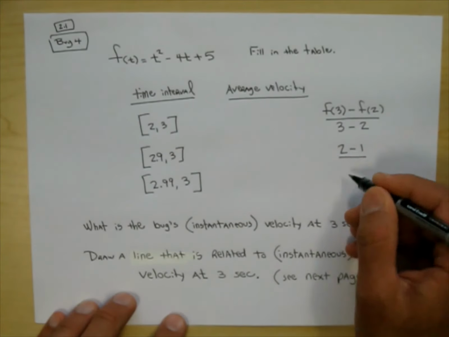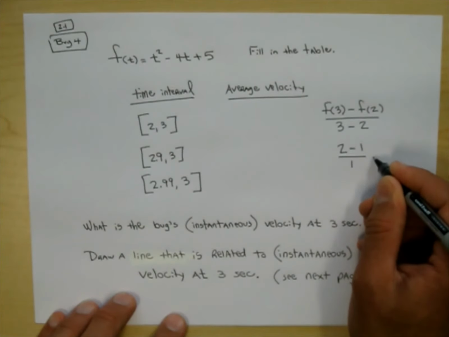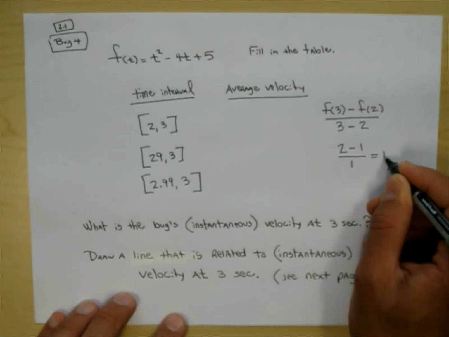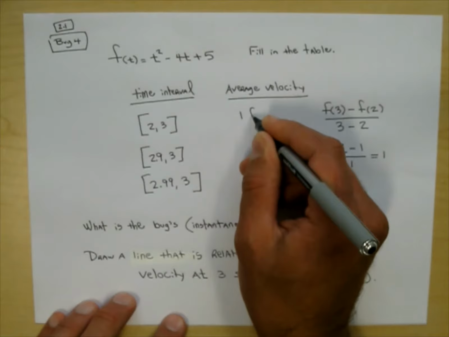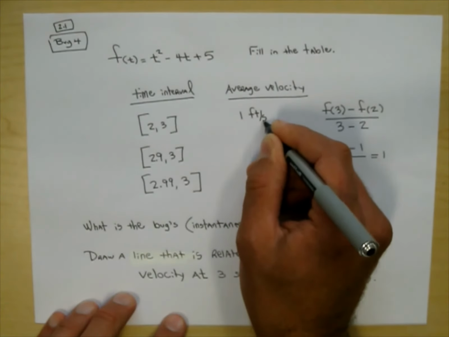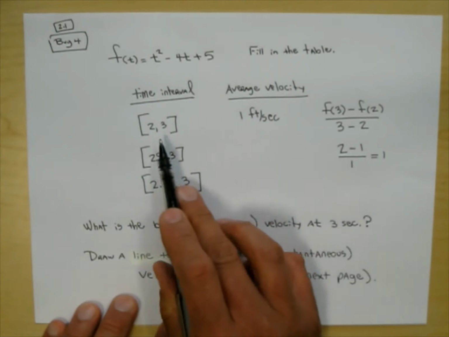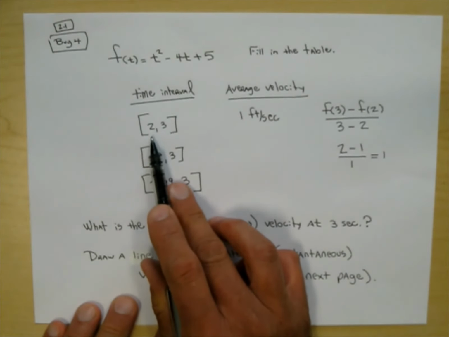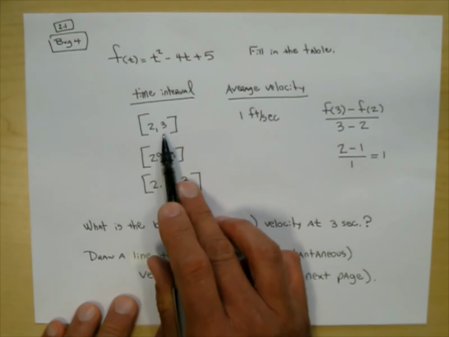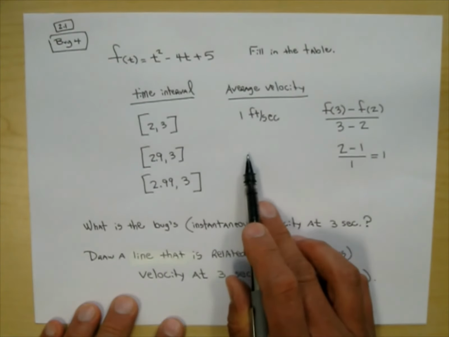And then 3 minus 2 is 1. So it looks like the answer for this part is going to be 1. So this is 1 foot per second, which also describes the slope of the secant line, which connects t equals 2 on the graph to t equals 3.